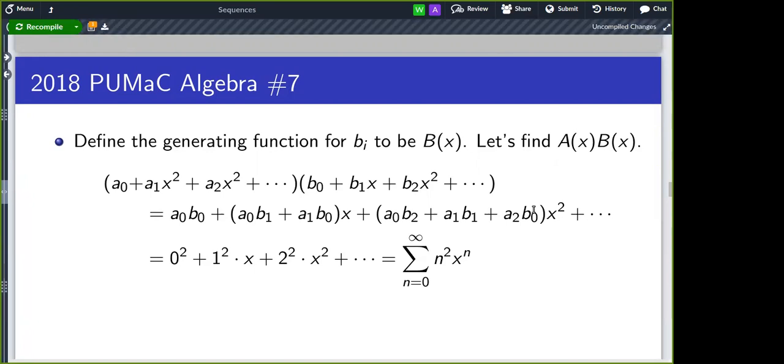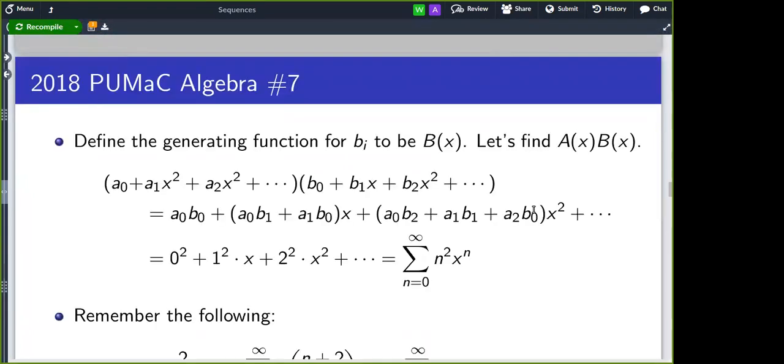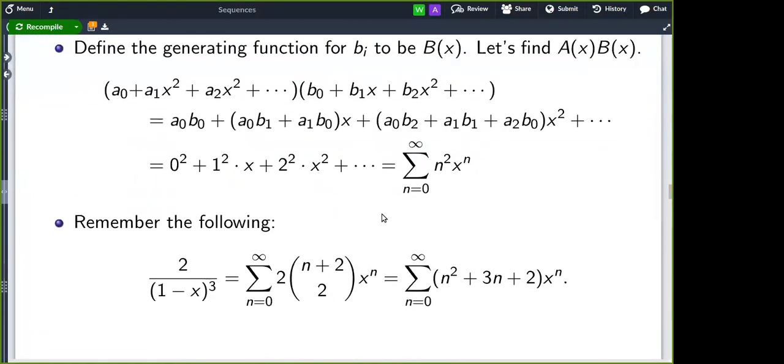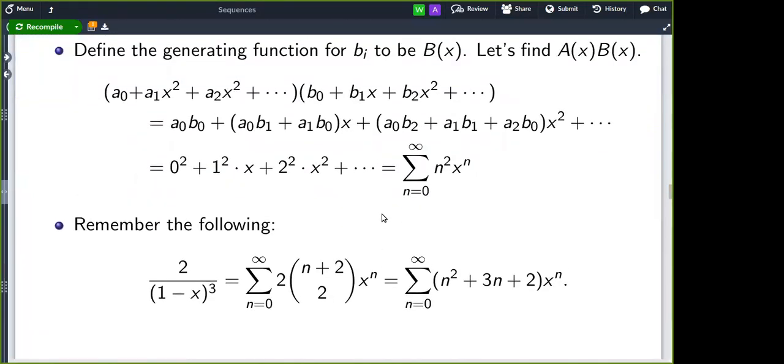So if we remember from last class, we first have 2 over 1 minus x cubed is the sum of 2 times n plus 2 choose 2 times x to the n, and we can just expand that as a polynomial. So n squared plus 3n plus 2. And then we can also do the same thing for n plus 1 choose 1.